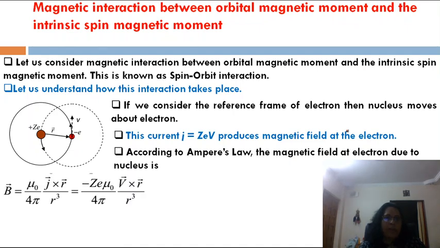Now according to Ampere's law, since the nucleus is also a charged particle, its magnetic field is taken to be mu 0 by 4 pi J into R by R cube. Now substituting J, we get Z e mu 0 by 4 pi v into R by R cube.